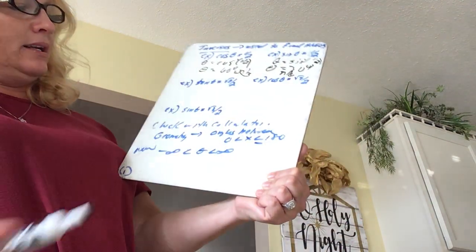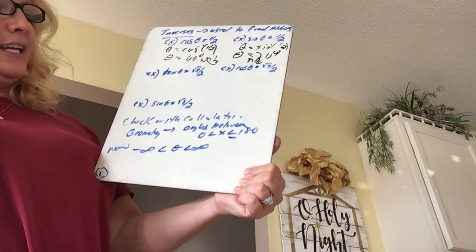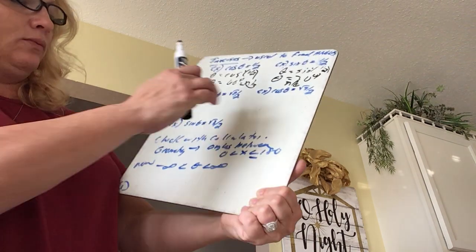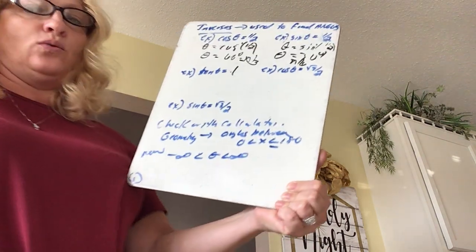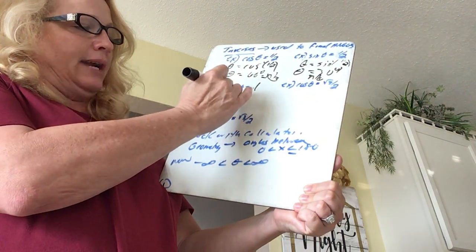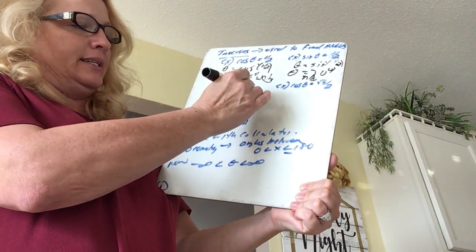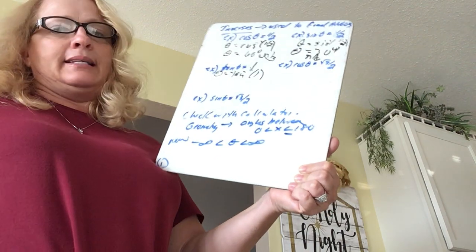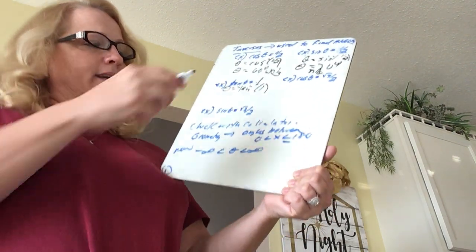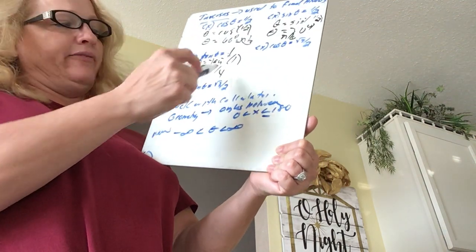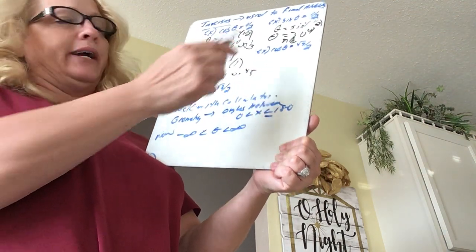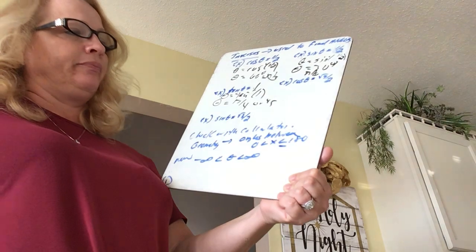Next one: tangent of theta is 1. I would tan inverse both sides, and I am asking you tangent of what angle is 1, and we know that tangent of 45 degrees, or pi over 4, is 1.